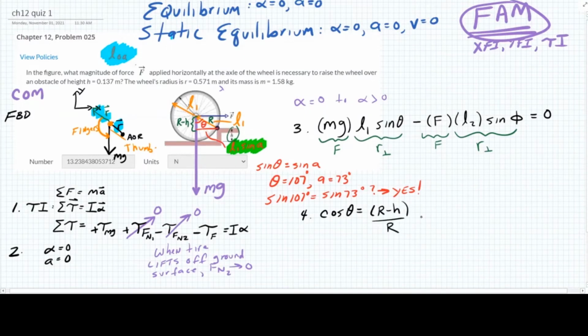Great. So I know theta. Theta is arc cos of (R minus H) over R. All right, I won't calculate that now, but I know I can when I need to. So I know what theta is.